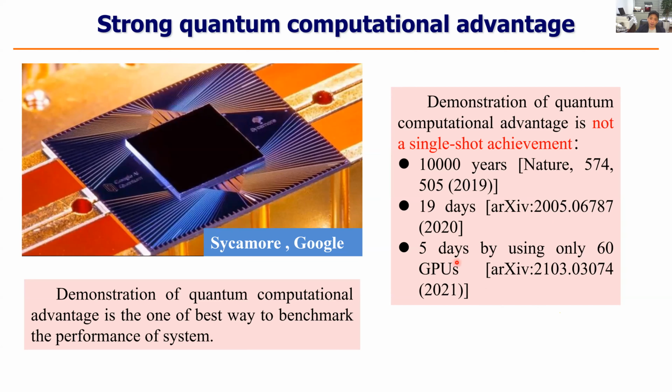But until now the classical side has still developed a lot of new methods to solve this kind of problem, and there is competition between quantum computing and classical computing. So this is not a single-shot achievement. We can improve the performance of the quantum computer as well, and finally I think one day it will totally beat the classical computer.